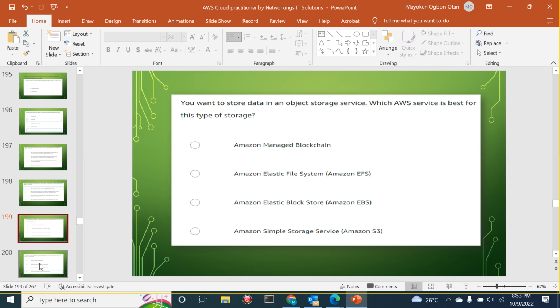Isabella, is it correct? No, sir, I don't think so. Why did you say it's not? Read the question. You want to store data in an object storage service.